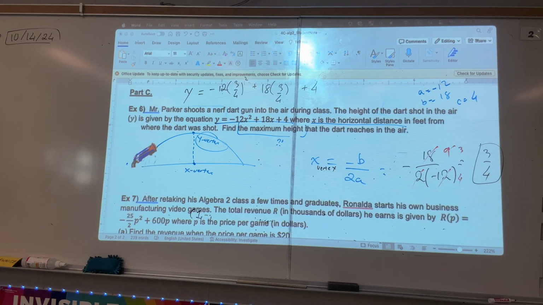Anyone get the number? 1 times 5? What's the number? 75? 175. 0.75. Let's go 3 fourths again.